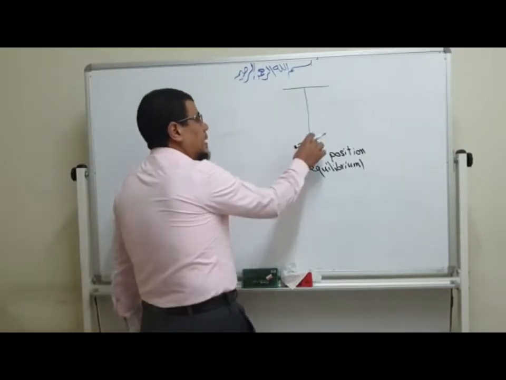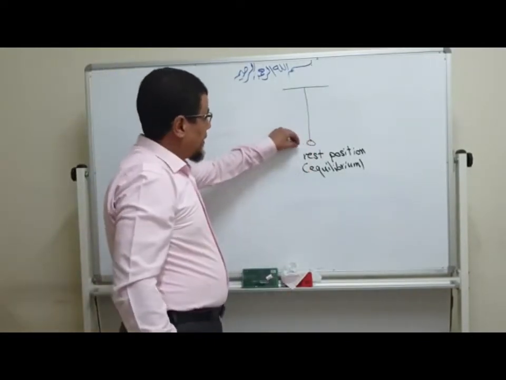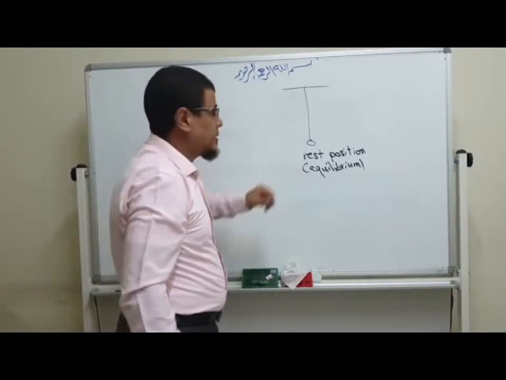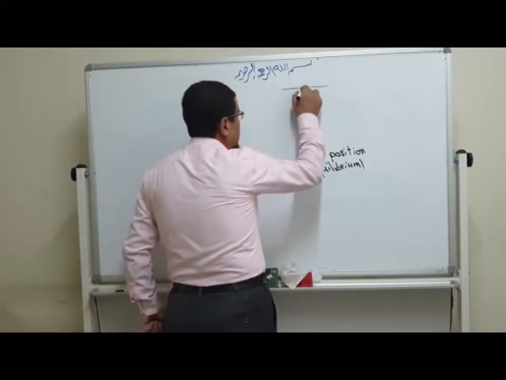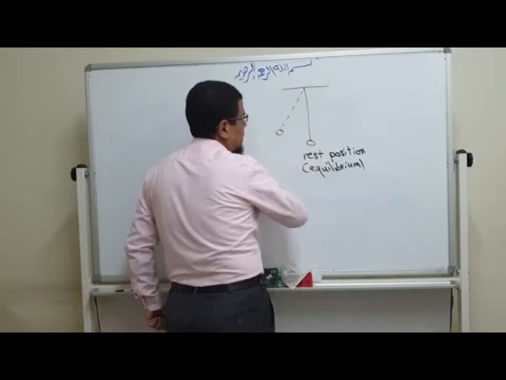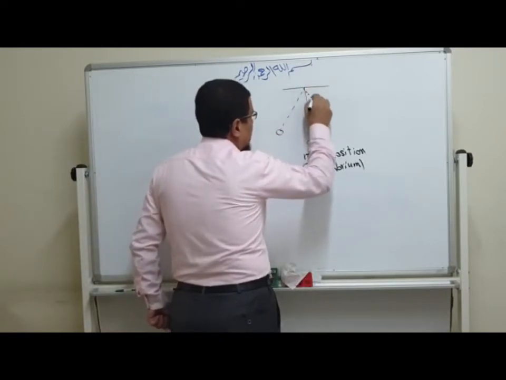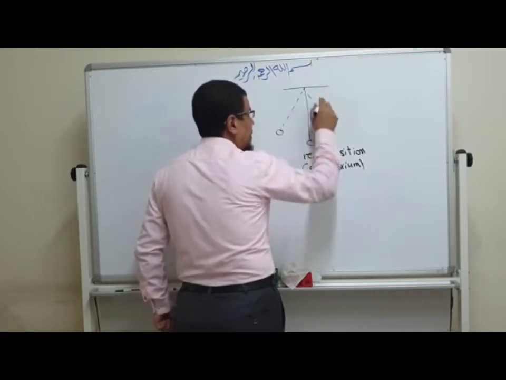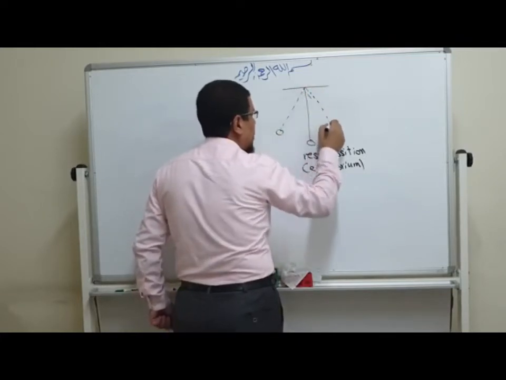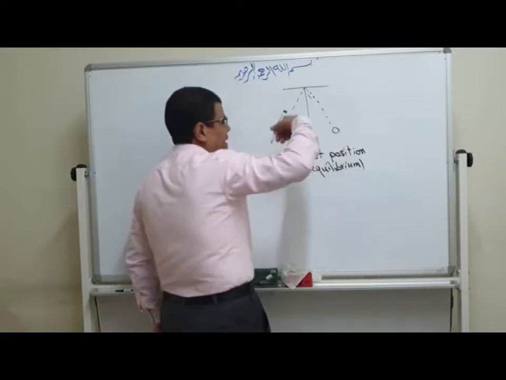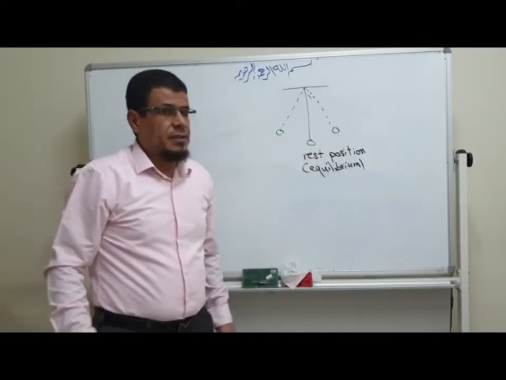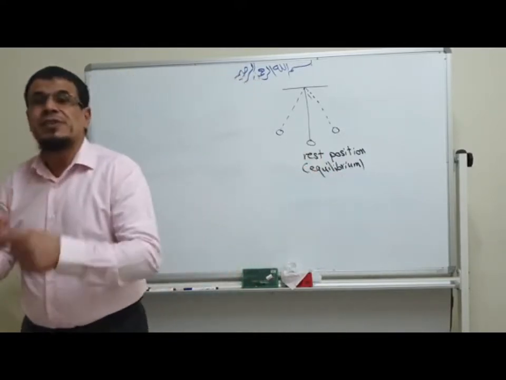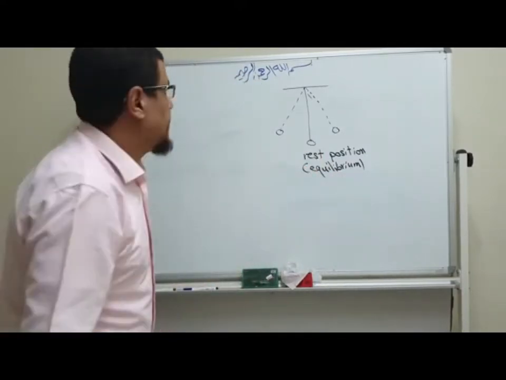I will take it some distance and release it, so it will move from this point to the opposite side, and this motion is repeated. That's why it is called periodic motion. Why? Because it is repeated regularly.